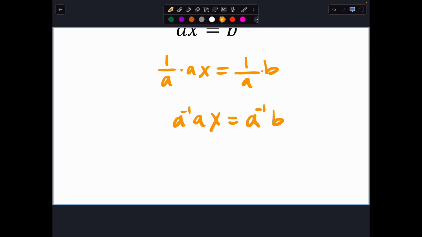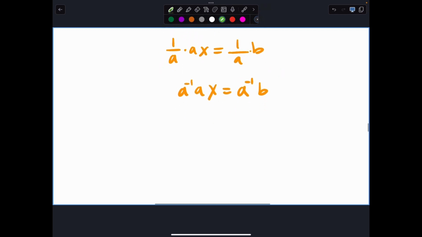I'm going to put a little note on here. So it's reciprocal. So it's what? It's the reciprocal, but it's also the multiplicative inverse because that product is equal to 1. So we're kind of circling back to Algebra 1 when you guys talked about all these different properties of real numbers. And then we're transferring that knowledge to matrices.